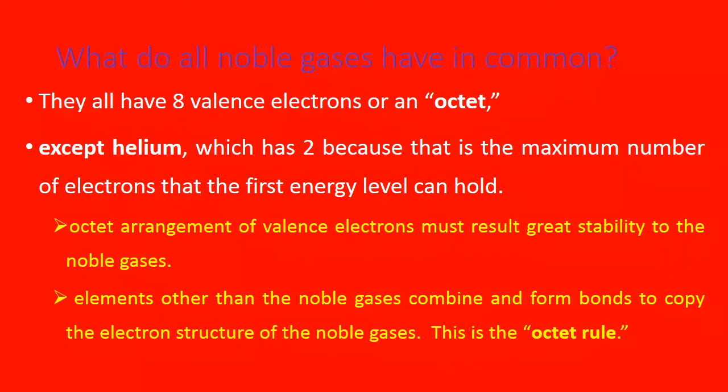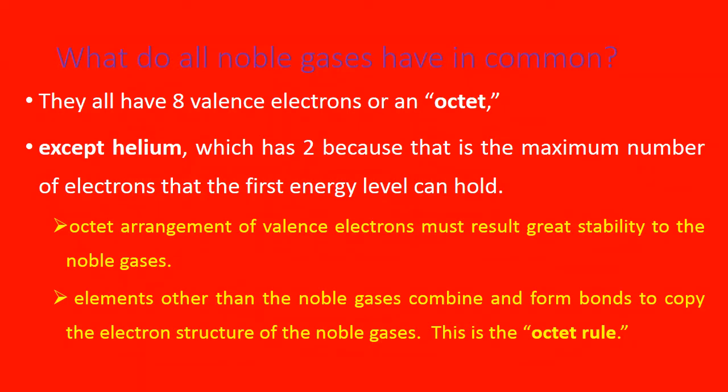This shows that the octet arrangement of valence electrons must give great stability to the noble gases, and hence all other elements tend to have the nearest noble gas configuration. This is what we call the octet rule.